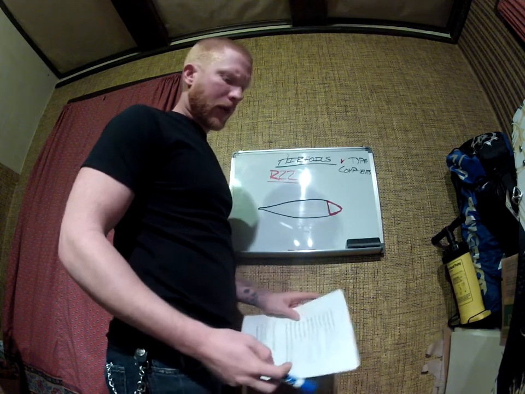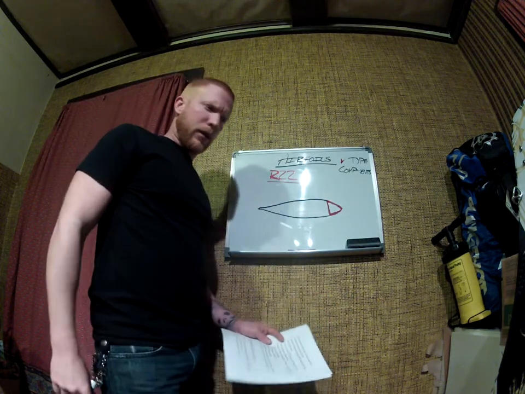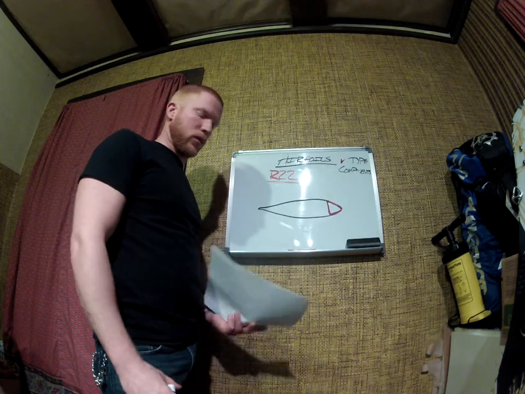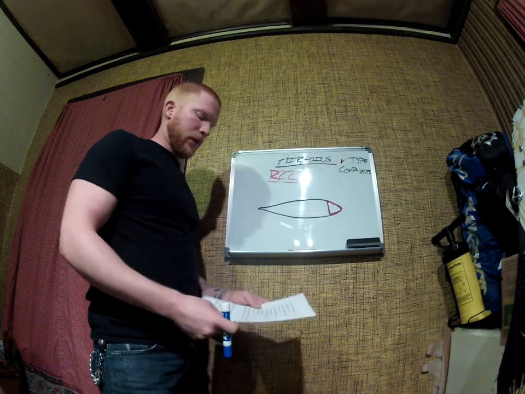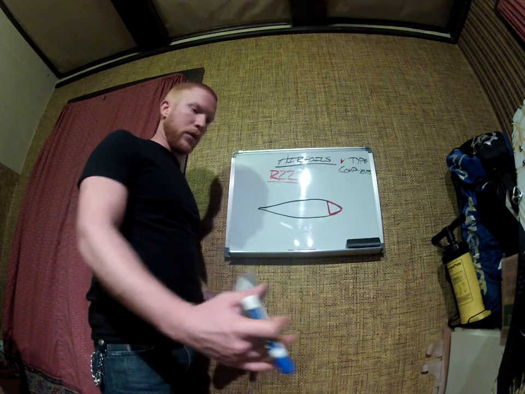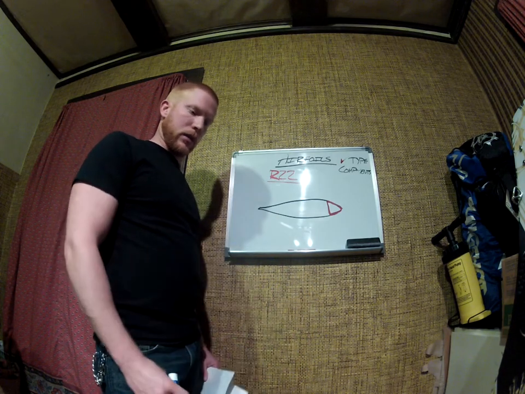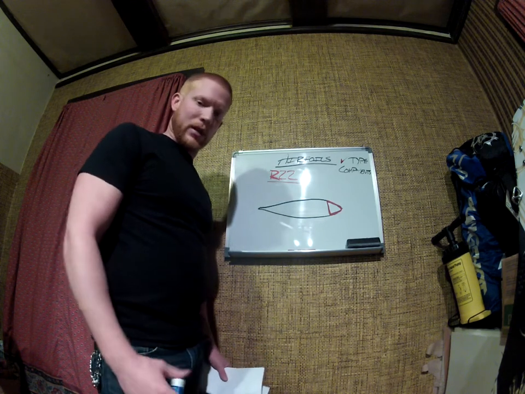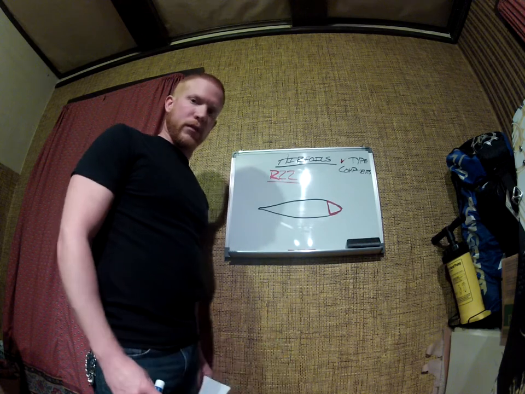The spar runs about a third, I believe, of the length of the blade from the tip towards the rotor hub. It's basically just because the tip of the blade moves at a much higher speed than the inside of the blade. Thus, it encounters more friction.